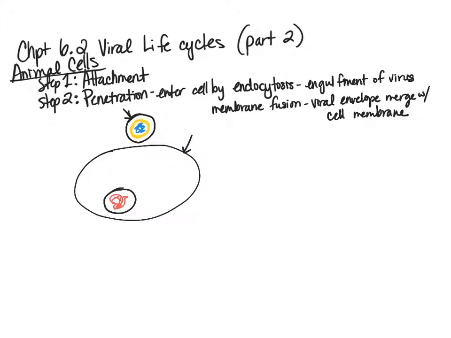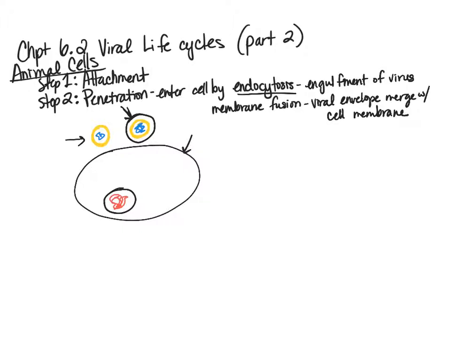So when we're talking about entering the cell via endocytosis, we can bring this into the cell. Let's take a look at both types of viruses here. This is our non-enveloped virus, so there's no envelope here, and then this one is enveloped. So here, let's talk about endocytosis. Remember, we have engulfment of the virus.